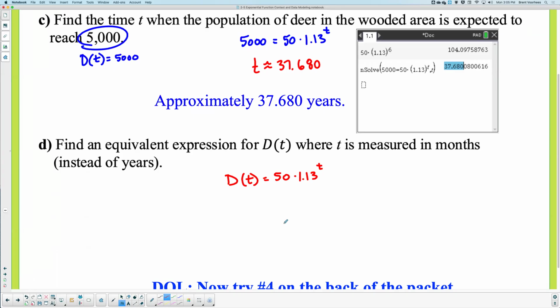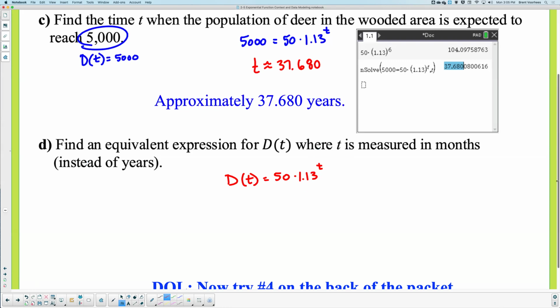Now, here's what's different when we want to do this in months instead of years. We need to change up our rate. So now, basically, for this to be true, t would need to become a 12 when we switch to months. I don't know if this is making sense because it would take 12 months to be 1 year.